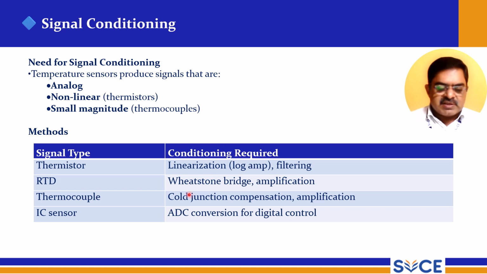So these are the signal conditioning processes. For additional information, students, you can refer to Linear Integrated Circuits by Roy Choudhury. It is a very good book for signal conditioning processes.